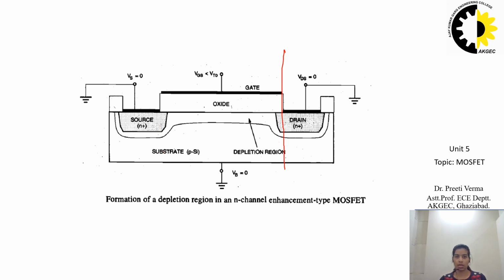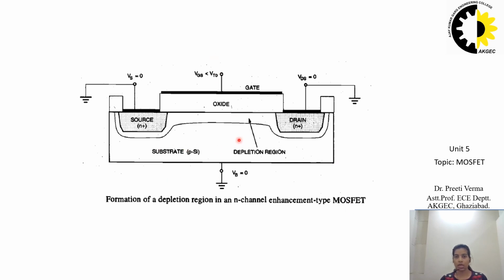If you recall the MOS capacitor, when we apply a negative voltage at the gate terminal, that negative voltage will repel the majority charge carriers. Majority charge carriers of the substrate are the holes.